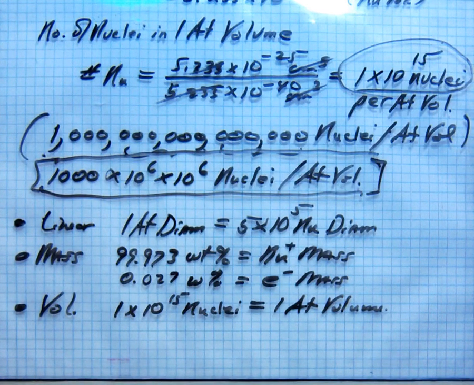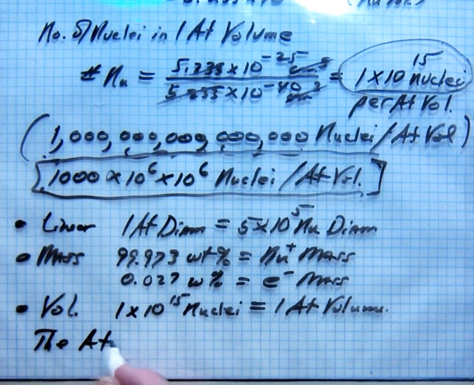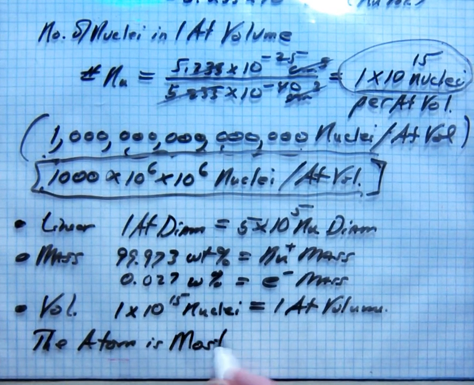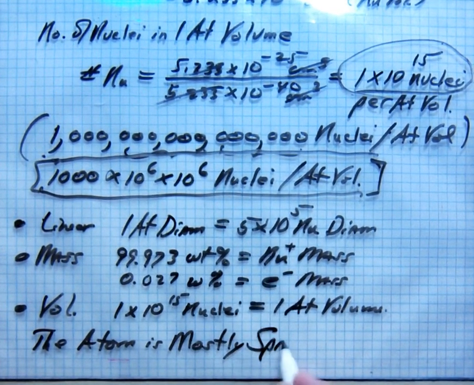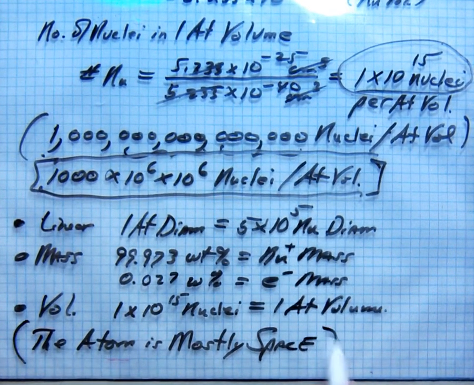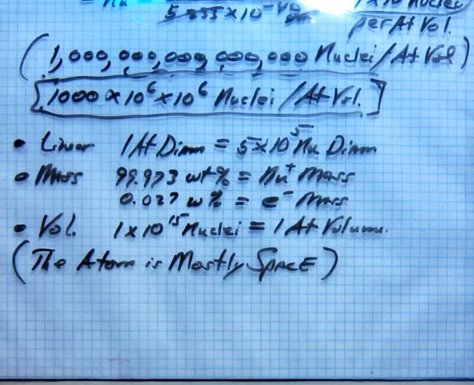The most important conclusion out of all of this is that the atom is mostly space. Based on the numbers, I think you would somewhat agree with me on that.